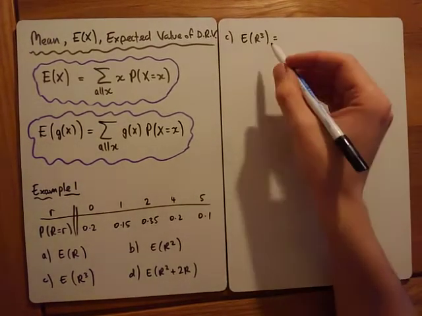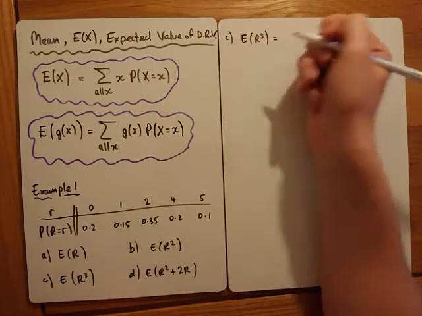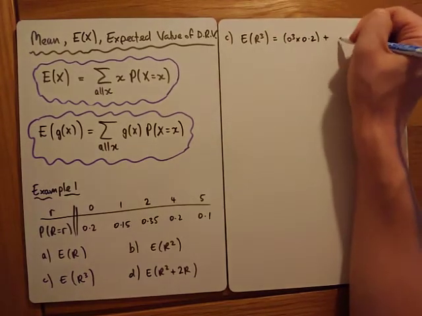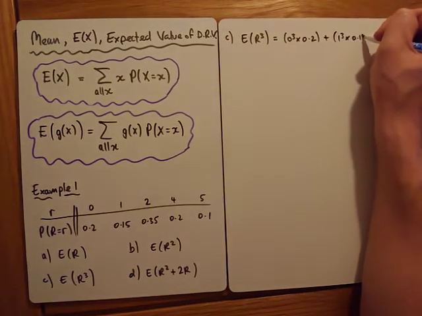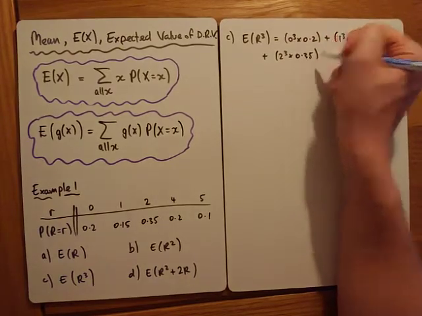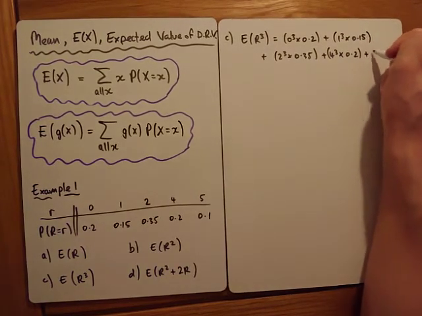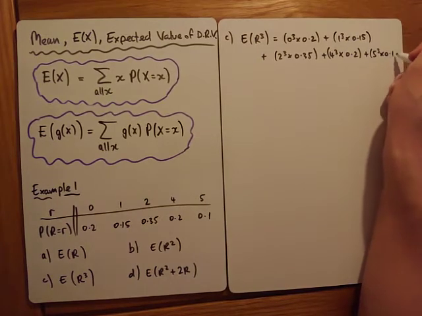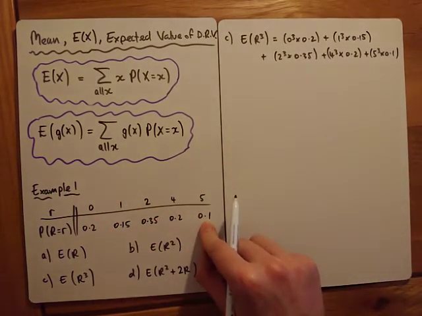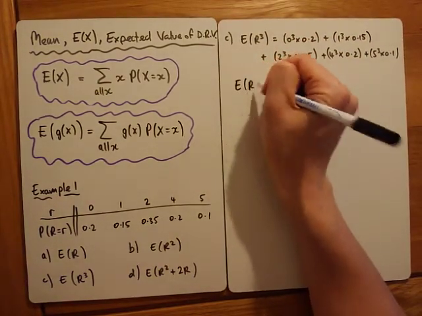Next one is the expected value of r cubed. Again, the outcomes would change, the probabilities would stay the same, but that is just the sum of r cubed times by the probability, so 0 cubed times by 0.2 plus 1 cubed times by 0.15 plus 2 cubed times by 0.35 plus 4 cubed times by 0.2 plus 5 cubed times by 0.1, and this is going to be quite significantly larger, because if you think about it, because of that 5 at the end, even though the probability of it happening is only 0.1, when we cube that value, that's going to significantly increase the average outcome that we would get.